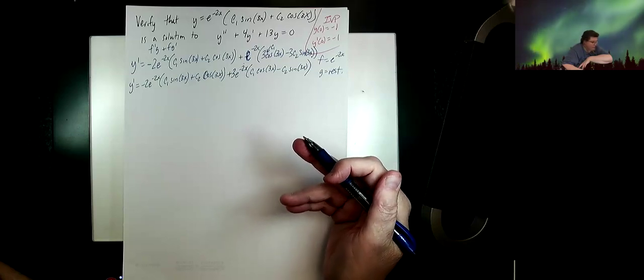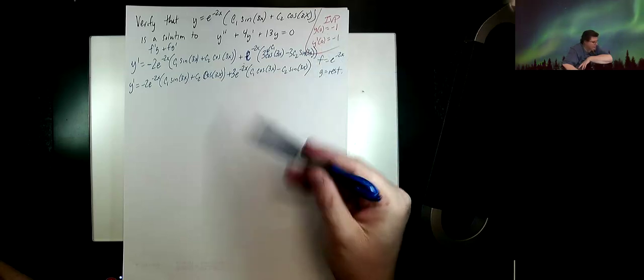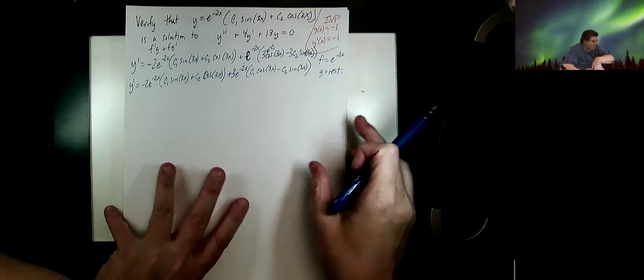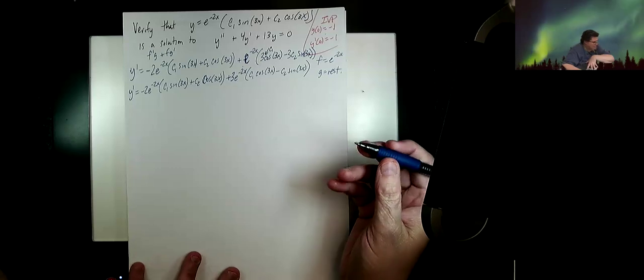We could do the initial value problem and find out what one of these letters is right away using this, but you don't want to. In general, you want to have the general solution available so that you can use it for other initial values, like if you're doing a project when you're actually using this in real life.